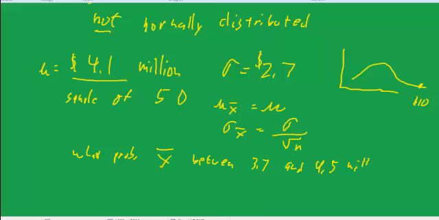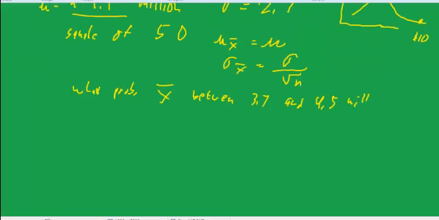So we would take z equal to x bar minus mu, I'm just going to do it the short way, over sigma over square root of n.